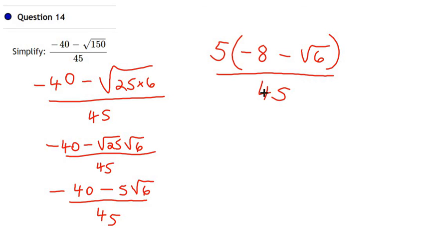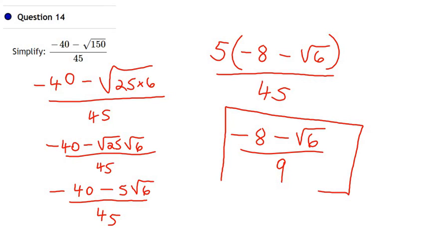So the factor of 5 I can divide out at the top, leaving just negative 8 minus the square root of 6. And the factor of 5 I can divide out at the bottom, 45 divided by 5 is 9. So the answer for this would be negative 8 minus the square root of 6 over 9.